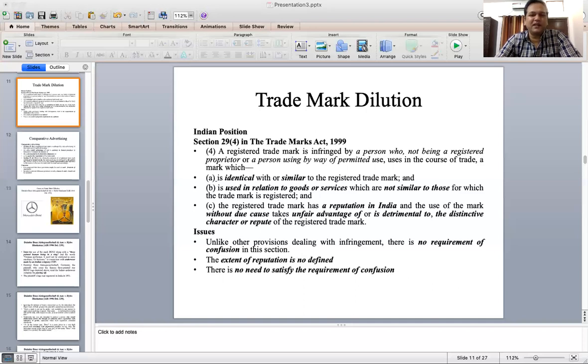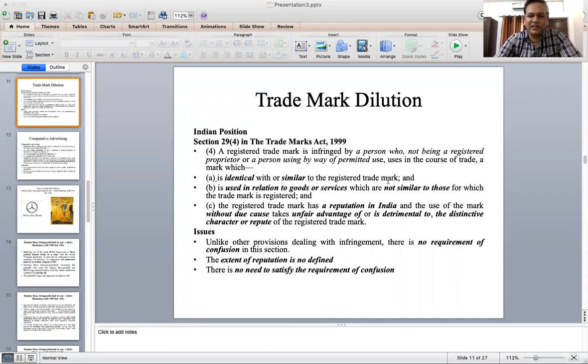So it means either a registered proprietor or a permitted user. If that is not the case, then that person uses in the course of trade a mark. Which kind of mark? A mark which is identical with or similar to the registered trademark.